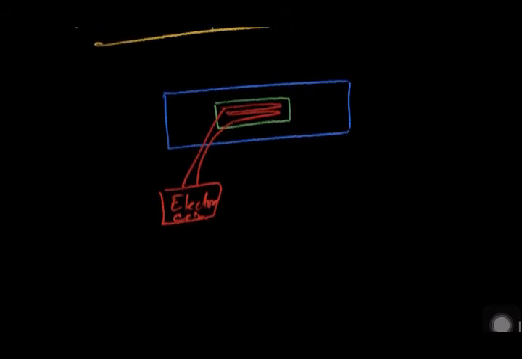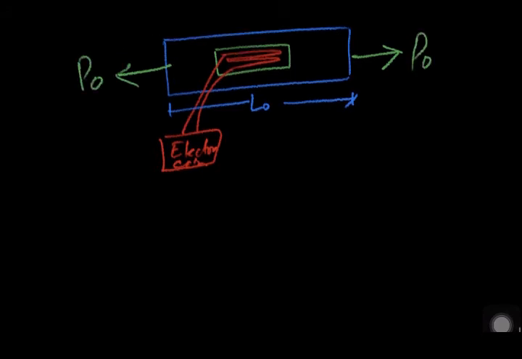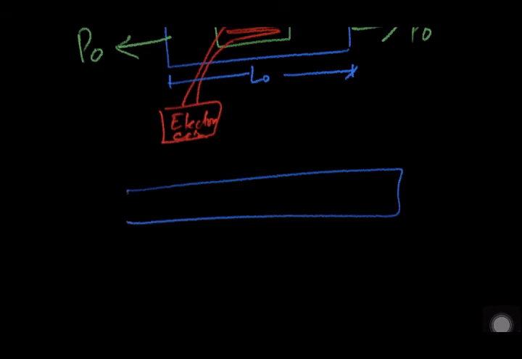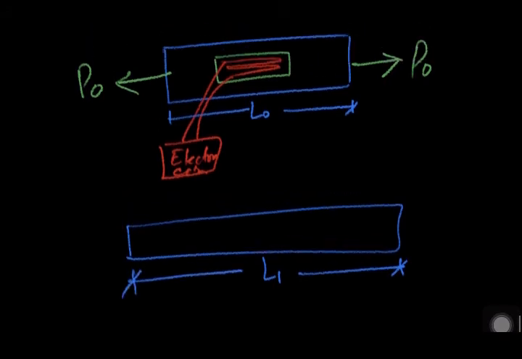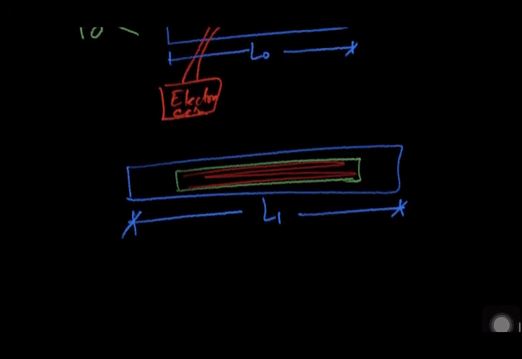Say this was of L naught length, and once we try to stretch this body by the application of force P naught, this body gets elongated, and this length turns out to be L1, and then these strain gauges also get stretched, and the wire also gets stretched.